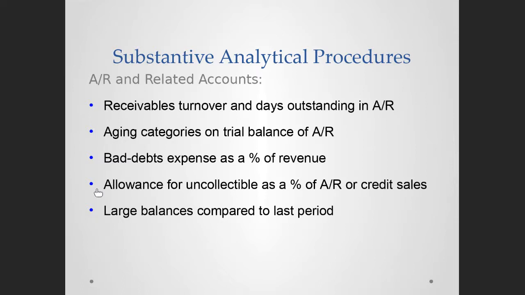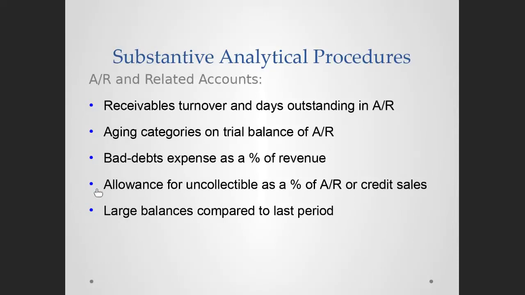You might want to just focus on the credit sales, which will tell you how much allowance should be recorded. And this is calculated by your client. So you want to see whether their calculation is in line with other similar businesses, or their calculation is in line with what they did last year or the year before.